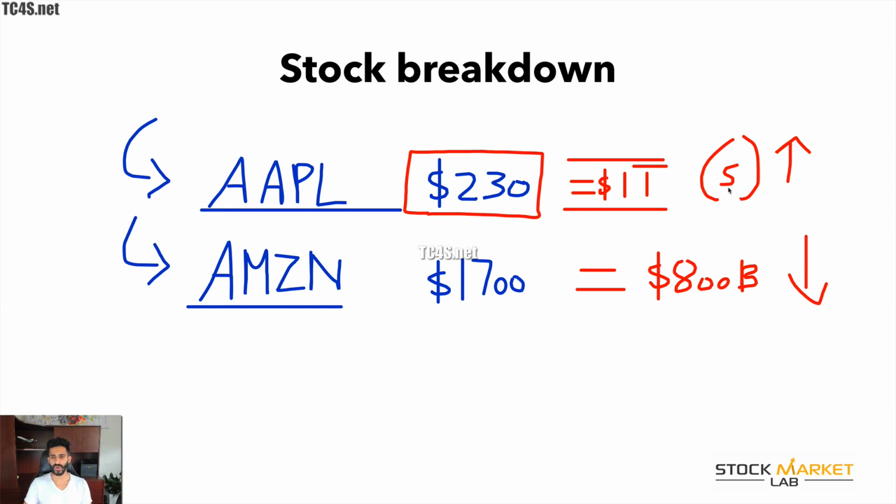This shows valuation, right? What is the overall market cap? Apple is worth $1 trillion. Amazon's worth 800 billion. Right? And that's very important to understand. Understanding the market cap is important because you need to know what type of stocks you're trading. Right? And that's a very important idea.